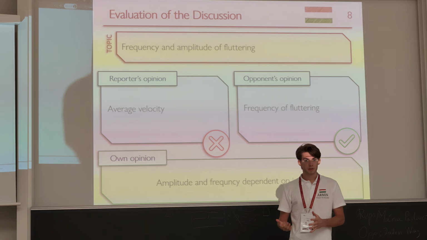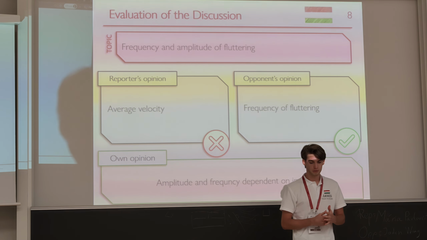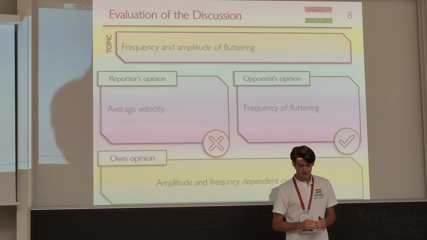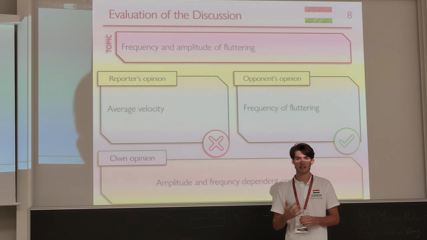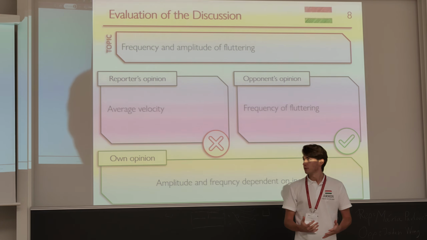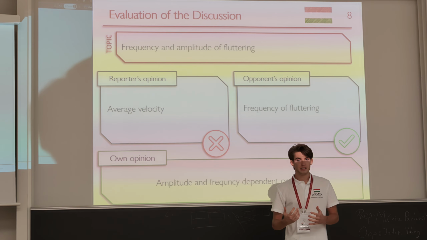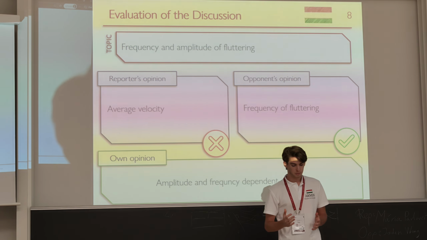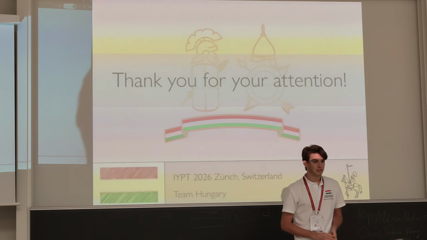And again, the landing spots for fluttering are completely different from those for tumbling. And also the chaotic regime could have been investigated more, what the landing spots are there, and why exactly these boundaries happen. That was not discussed as much. And all in all, thank you for your attention.